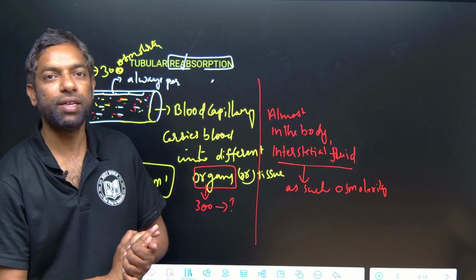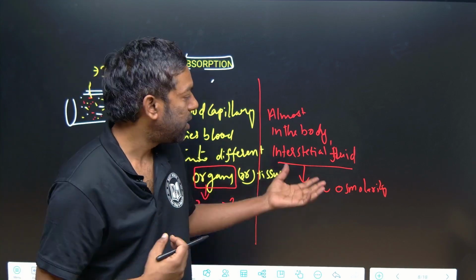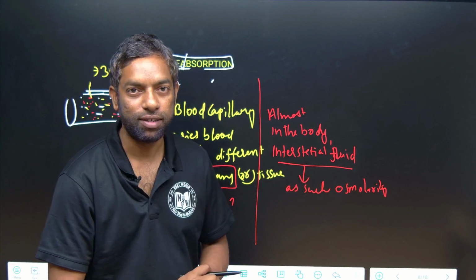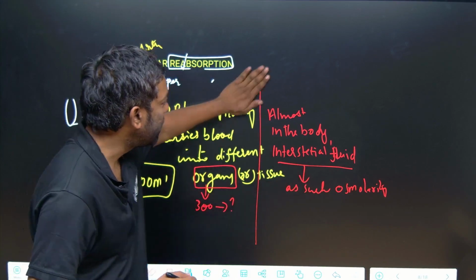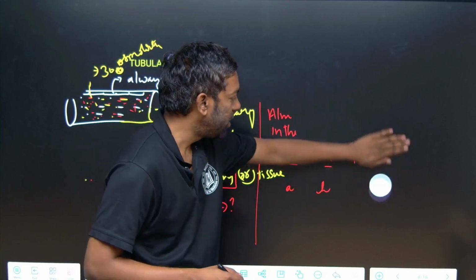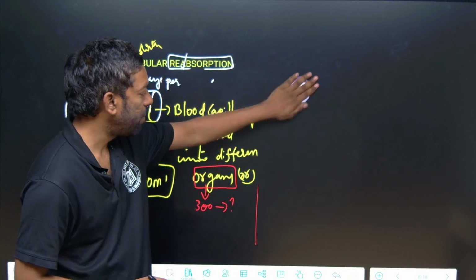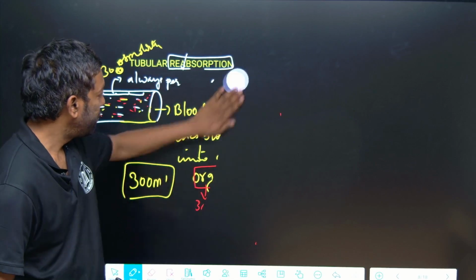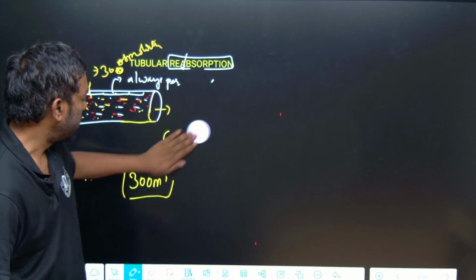Interstitial fluid is the fluid which lies through the tissue of such organs. We are going to discuss it in detail.